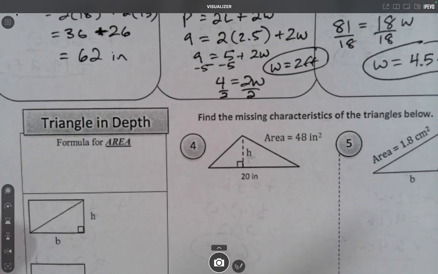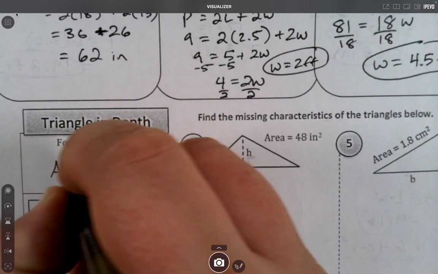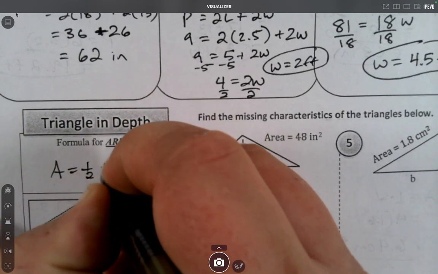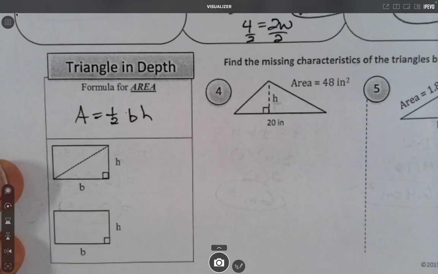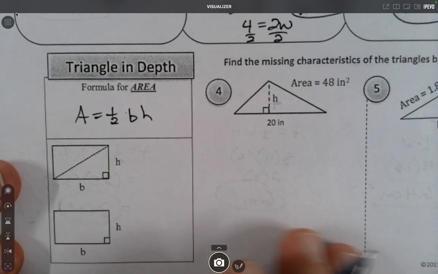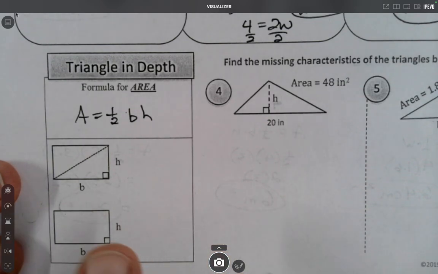Okay, formula for area of a triangle. You already know that. Half times base times height. Now what they wanted to show you here, which I think is pretty cool, is how they came up with the area for a triangle. It turns out any triangle you draw can be made into a quadrilateral, or a four-sided figure.